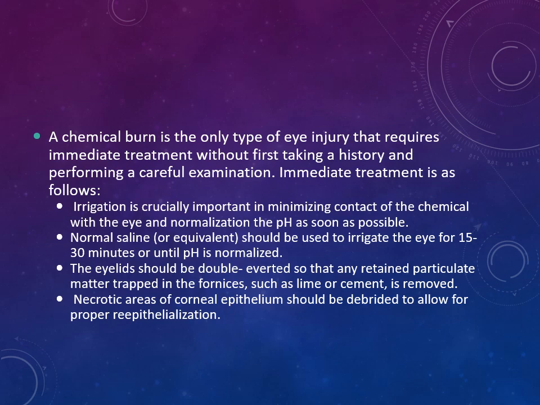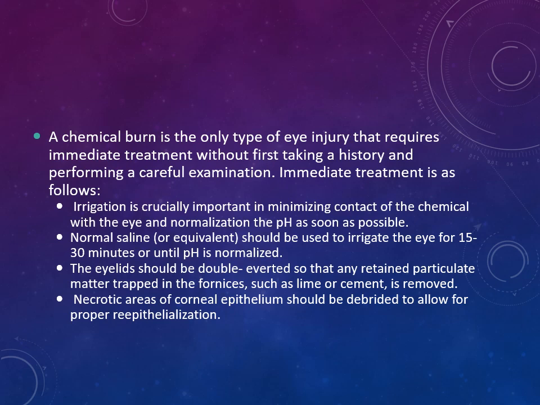We continuously irrigate until we are sure that the pH is normalized. At least 30 minutes. Usually we use 1 or 2 liters of normal saline to properly irrigate the eye that has that type of injury.